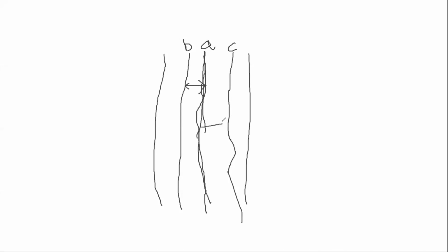Now look at that. If the front wheel is here, this is situation A, this is situation B, and this is, let's say, situation C. This is the mean, and this is the deviation from the mean.